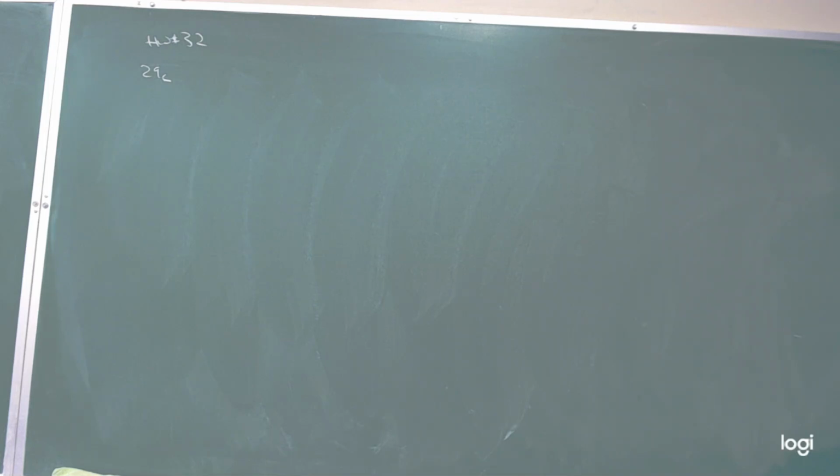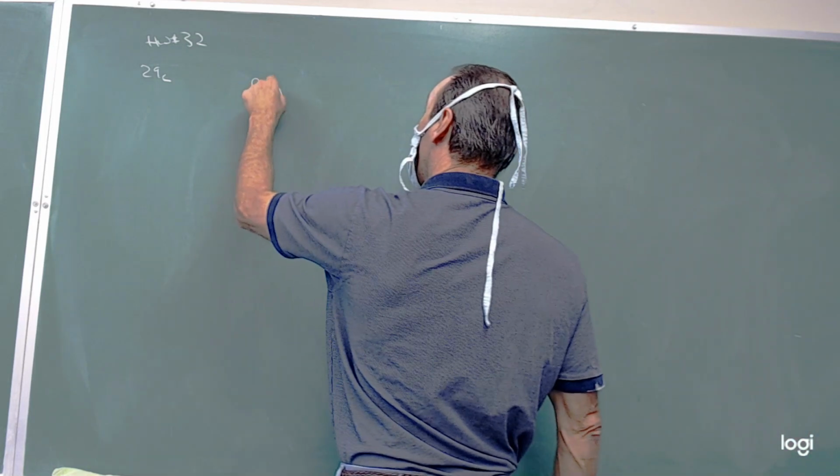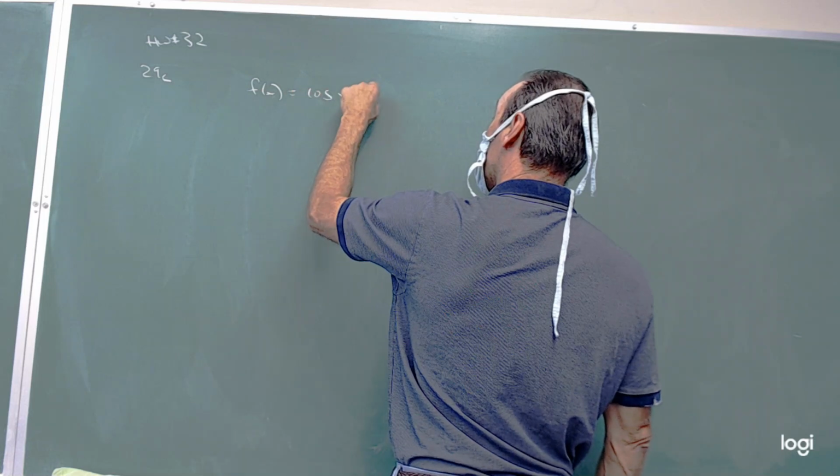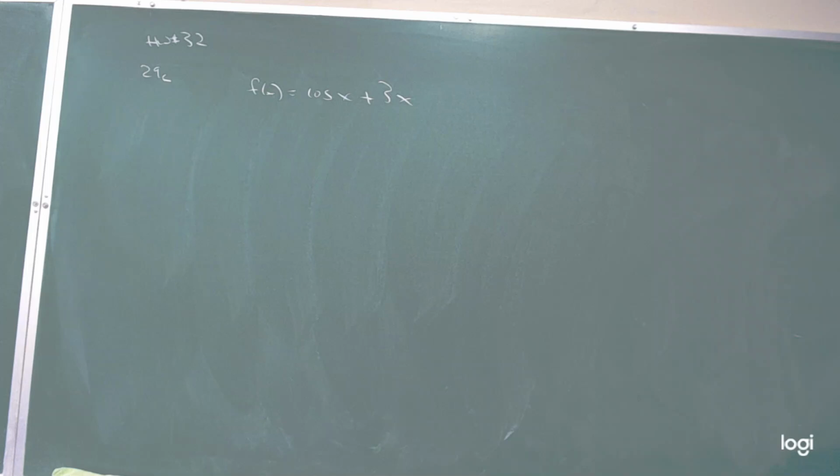So 29 says f of x is cosine x plus 3x. Does that sound right? Cosine x plus 3x. And part C is saying find f inverse at 1 and f inverse prime at 1.